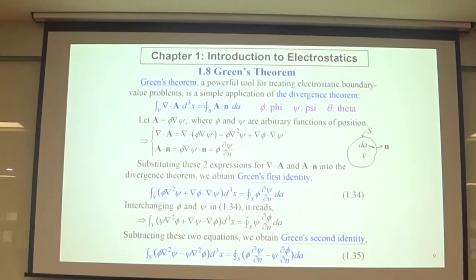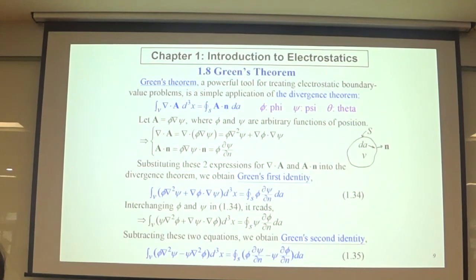That's Jackson's notation, because we have many phi. And this one normally later on will be used as a substitute for this one. That's potential. This one is to be determined.